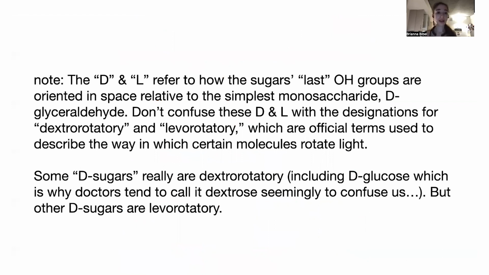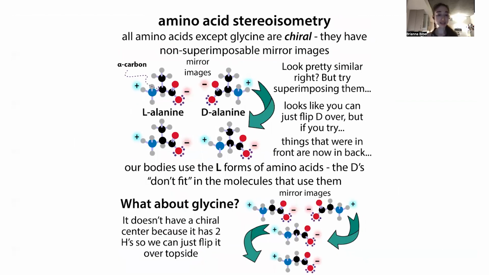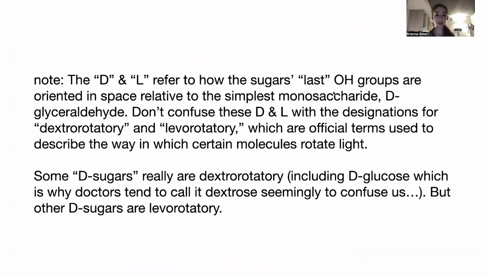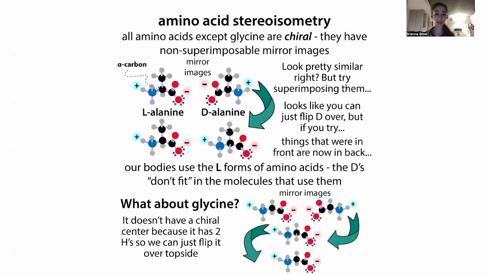This D and the L actually refer to how the sugar's last OH groups are oriented in space relative to the simplest monosaccharide, D-glyceraldehyde. So basically it has to do with how things are oriented, not the alpha-beta orientation, but the actual stereochemistry as a linkage. So these are differences that you can't just interconvert between.